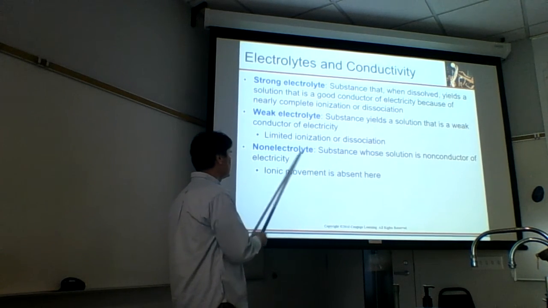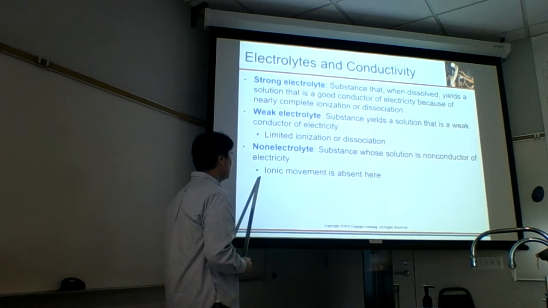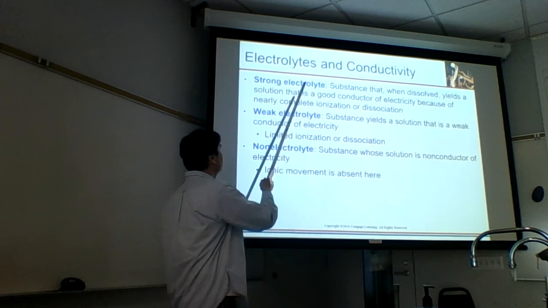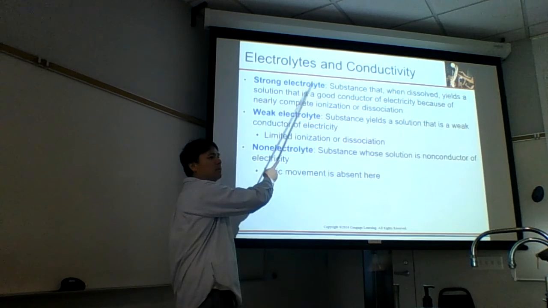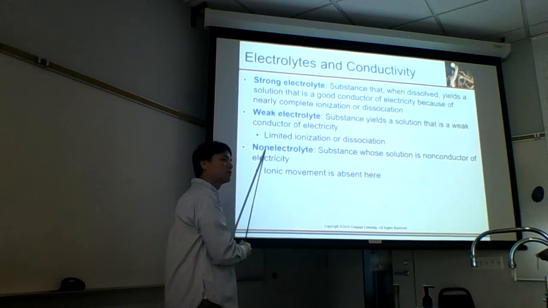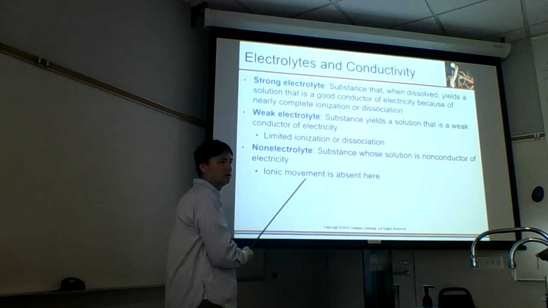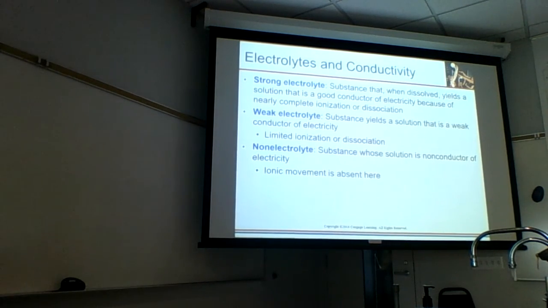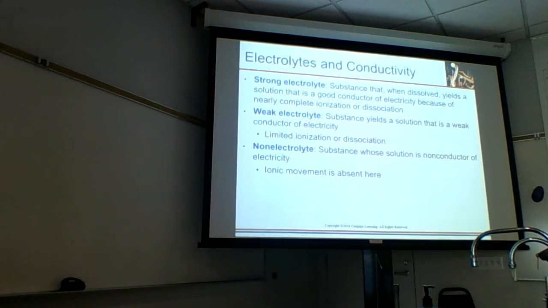The definition is substances that do not dissociate. And so the difference is this: strong electrolyte, complete dissociation; weak electrolyte, partial dissociation; non-electrolyte, no dissociation. And the conductivity depends on concentration.